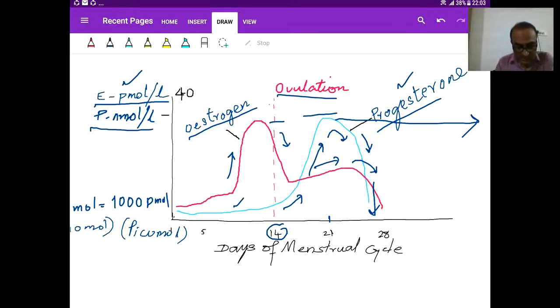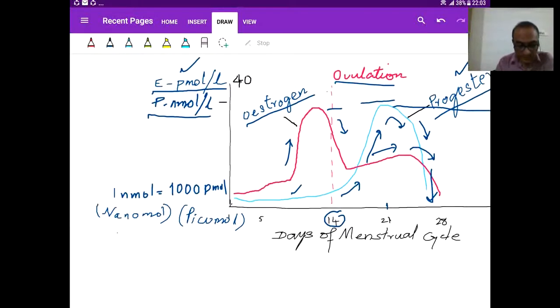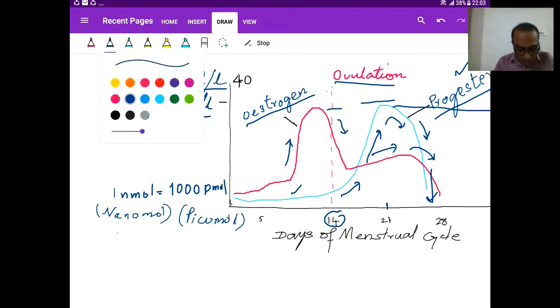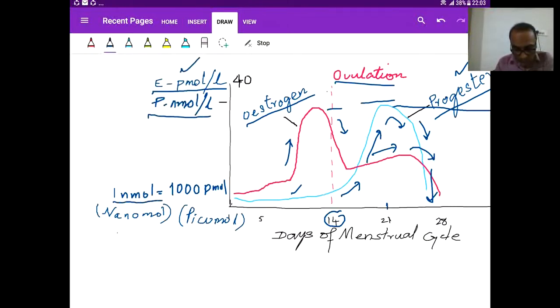There is a relation between these two: 1 nanomole equals 1000 picomoles. So these are very, very minimal trace quantities. In picomoles and nanomoles, these hormones are measured, and we have seen how these levels change.